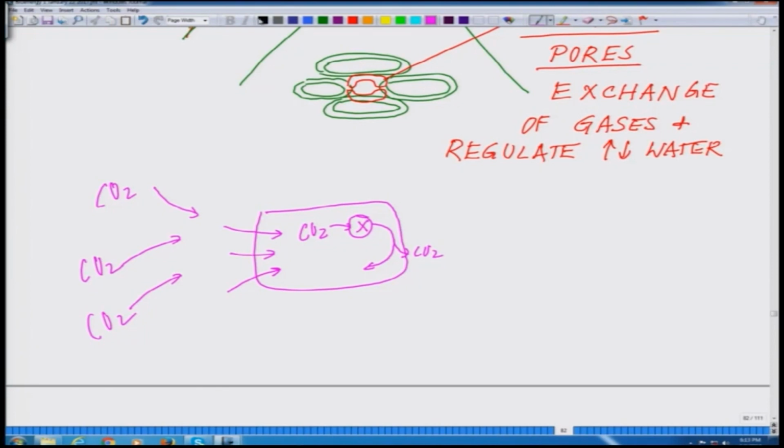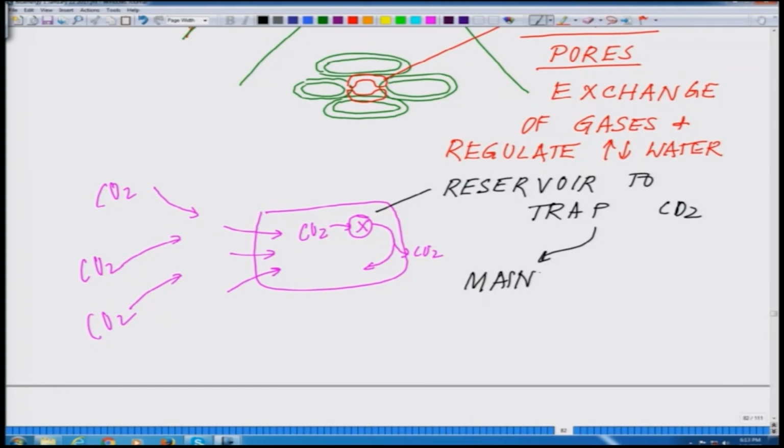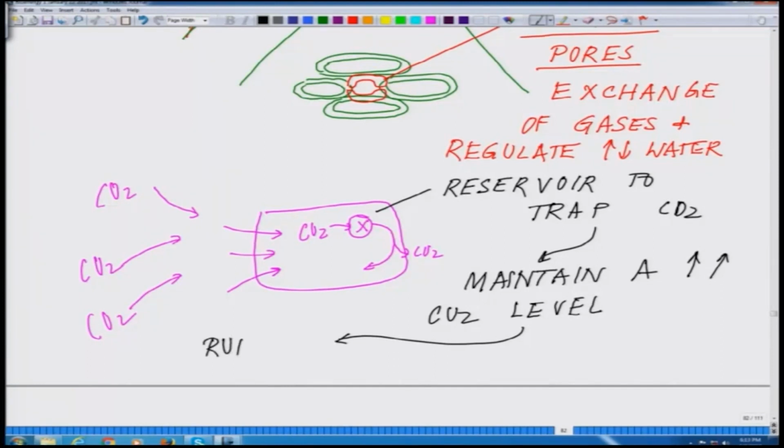So, in other words, this vessel what I have drawn here is acting as a kind of a reservoir to trap CO2, and the idea is to maintain a high CO2 level such that the Rubisco has more affinity for CO2. Okay? So, this is the strategy.